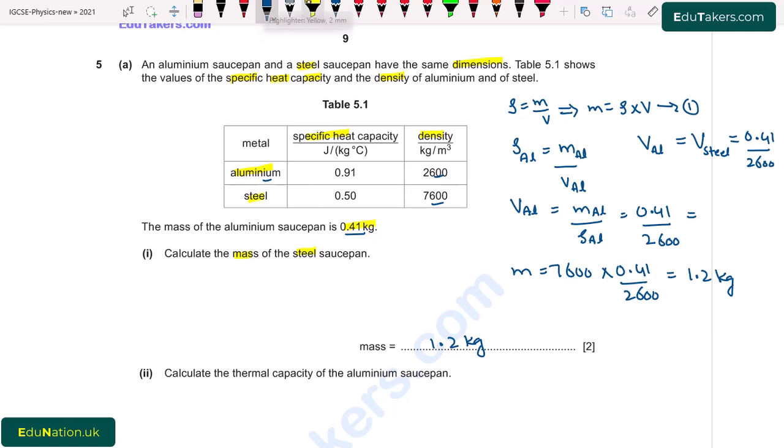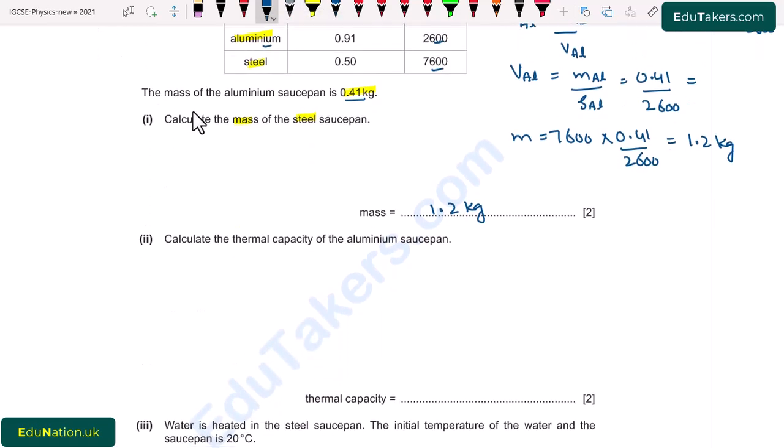Part 2. Calculate the thermal capacity of the aluminium saucepan. Here we have to calculate the thermal capacity, and we know that thermal capacity Tc is equal to the product of mass and specific heat capacity C. Here in the table we are given specific heat capacity and mass of aluminium saucepan is given, so we can easily calculate the thermal capacity.